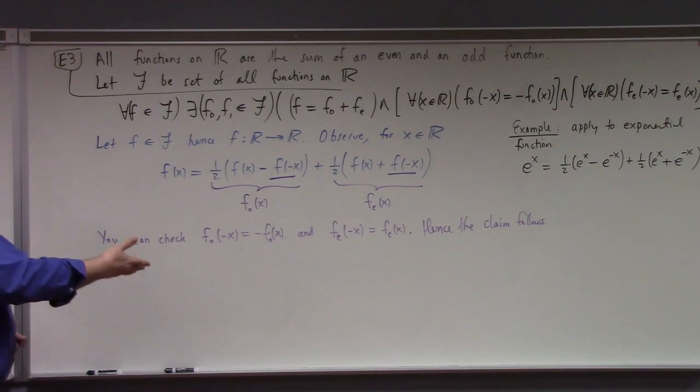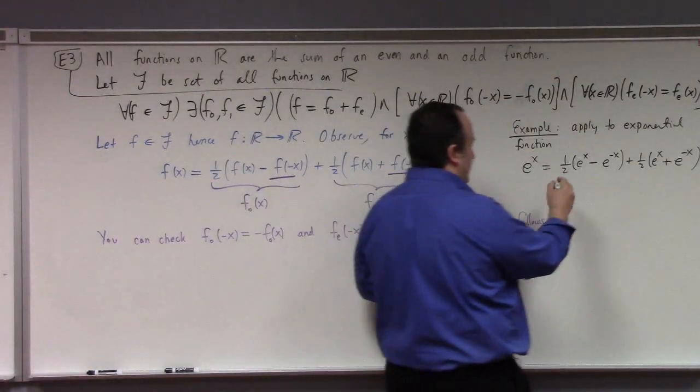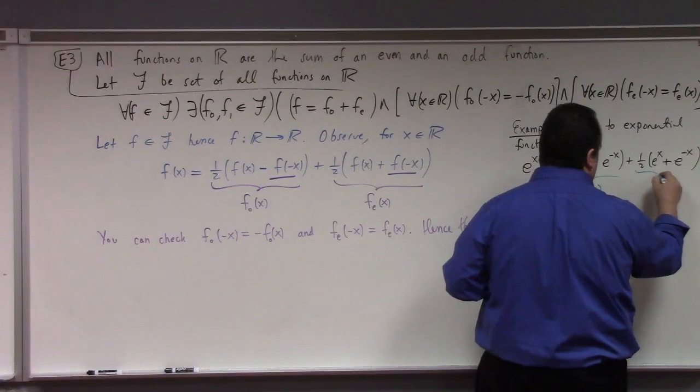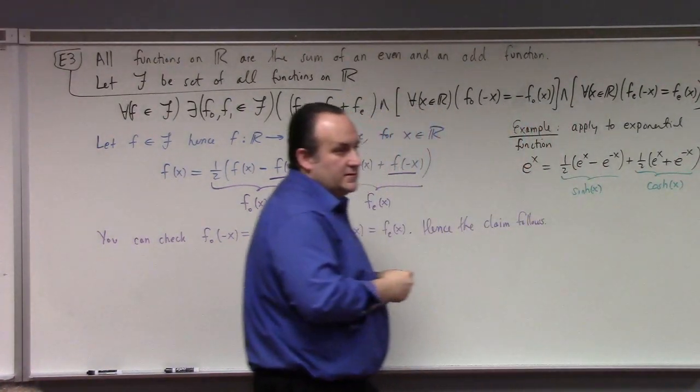But these have names, right? The odd part of the exponential is the hyperbolic sine. This is sinh. The even part of the exponential is the hyperbolic cosine, also known as cosh.